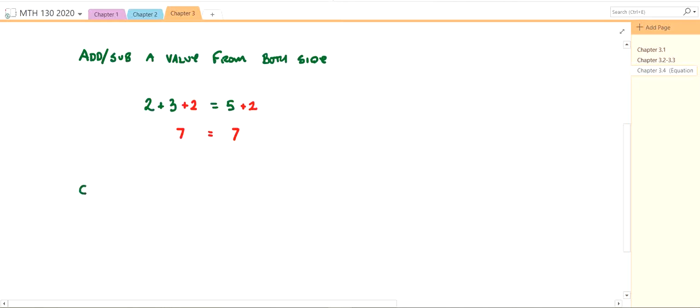The other thing we can do to equations is we can multiply or divide both sides by a value.